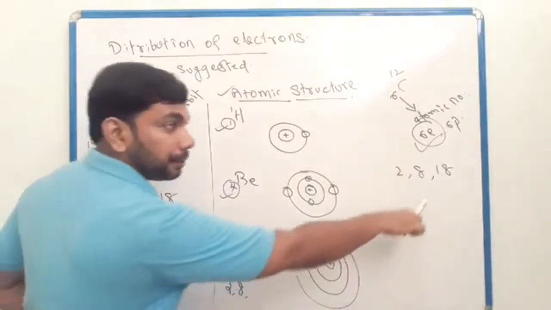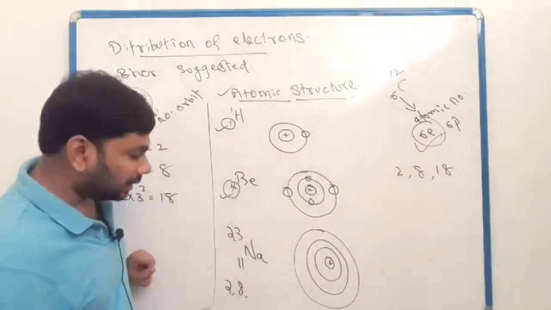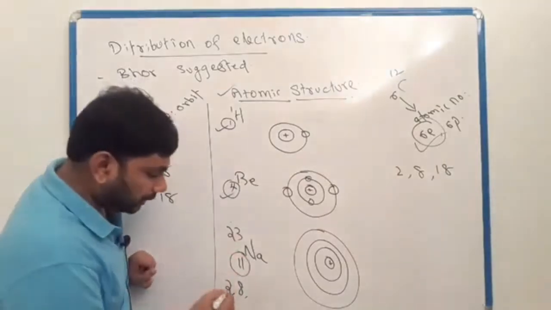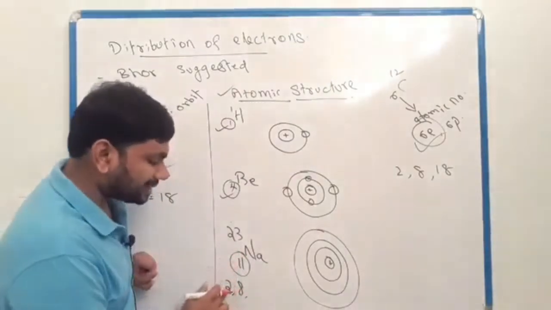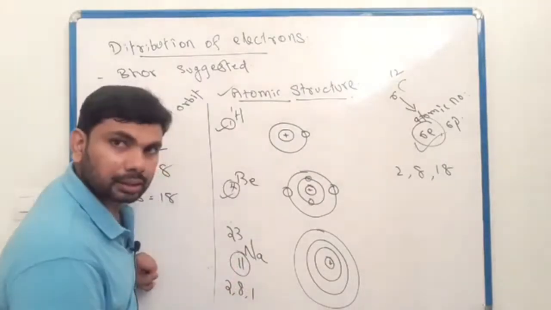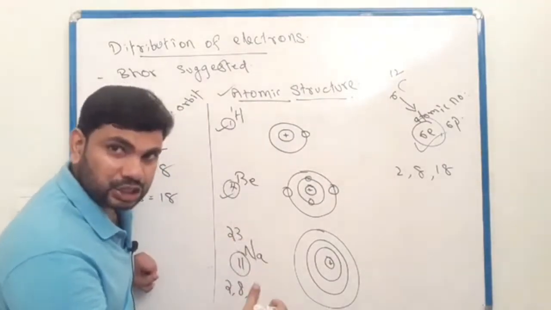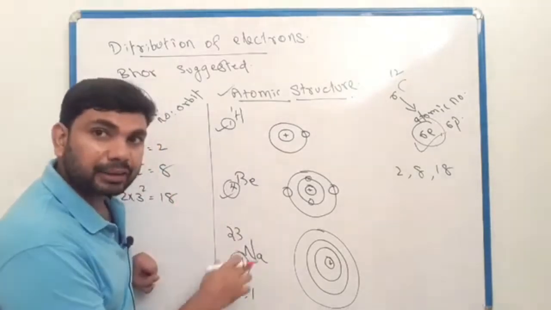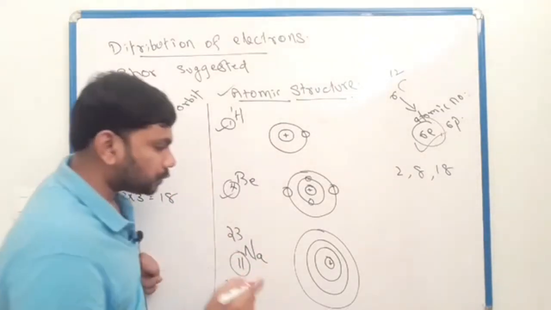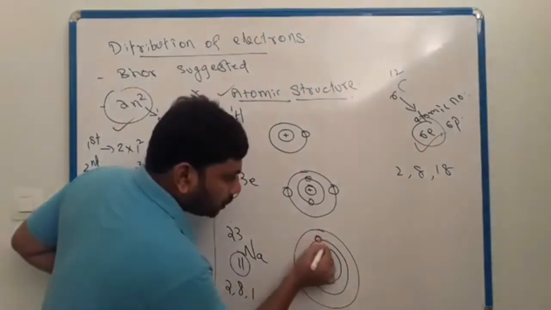We know second orbit 8, third orbit not 18. Here we have only 11. We did 2 and 8, 2 plus 8 is 10. 11 minus 10 is 1. Clear? First orbit 2, second orbit 8, third orbit 1, because there are only 11 electrons.